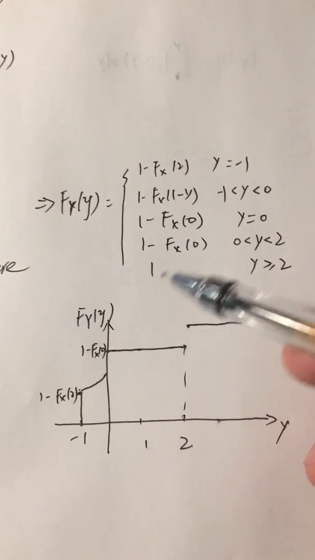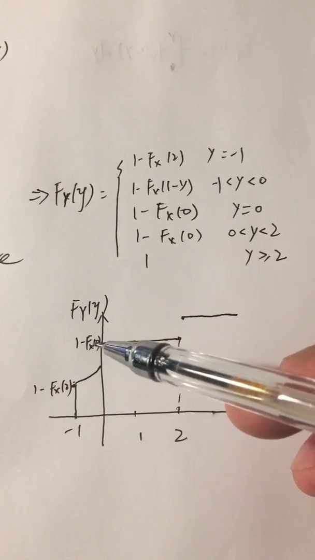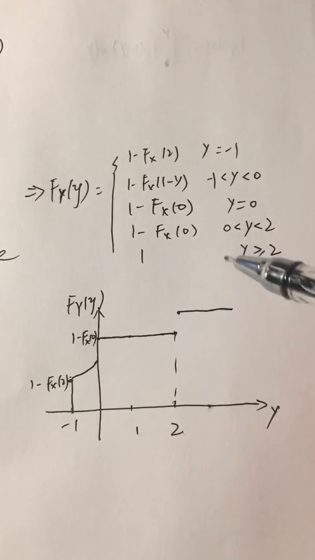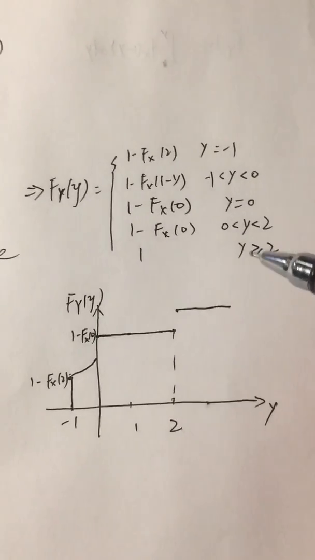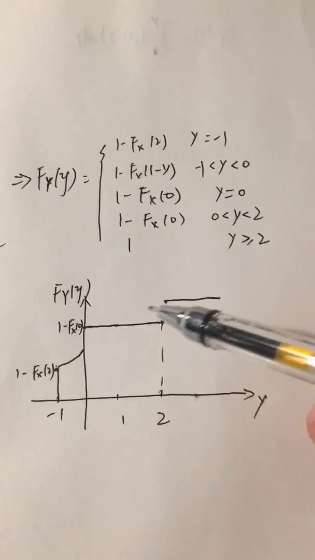The value of this function when y is 0 is 1 minus capital Fx(0), and when y is larger than 2, the capital FY is 1.